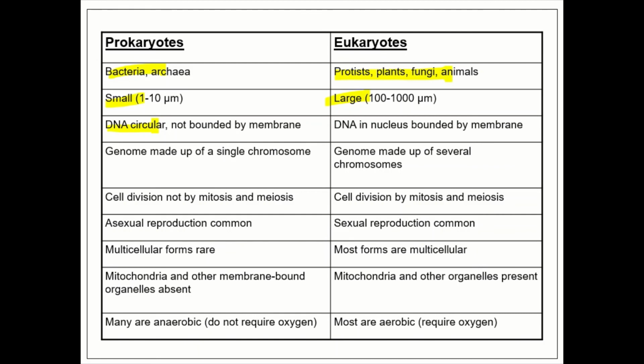Our cells will do mitosis and meiosis and usually form through sexual reproduction, but it depends on which ones you're specifically looking at. Most eukaryotic cells are aerobic, which means we require oxygen to survive. So even your little fungi and protists are going to need oxygen. Bacteria can be anaerobic or aerobic, so there's a little bit of difference between those.